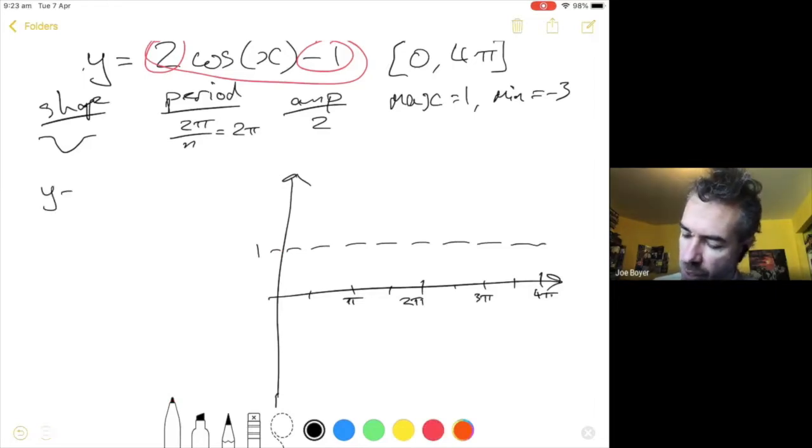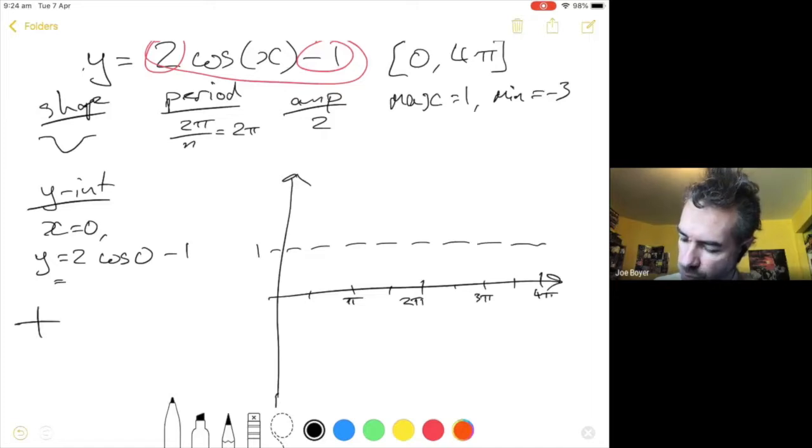So the y-intercept, we can calculate the usual way. Y-intercept occurs when x equals 0, and thus y is equal to 2 cos 0 minus 1. Cos of 0, we can draw that if you need to, but cos of 0 is going to be our horizontal value which goes across, which is 1. So 2 times 1 minus 1, which is equal to 1.